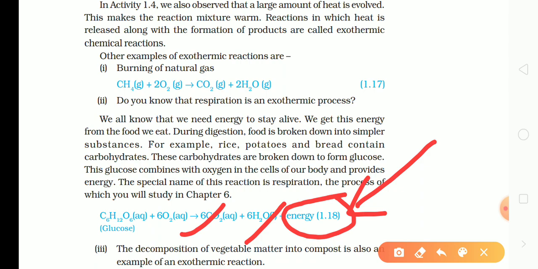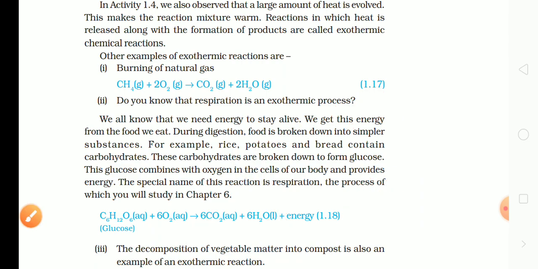So the food we eat, which contains carbohydrate, during digestion is converted to glucose. And when fed into the cells, the glucose is decomposed to form carbon dioxide and water, along with the liberation of energy. And this carbon dioxide is released during respiration.